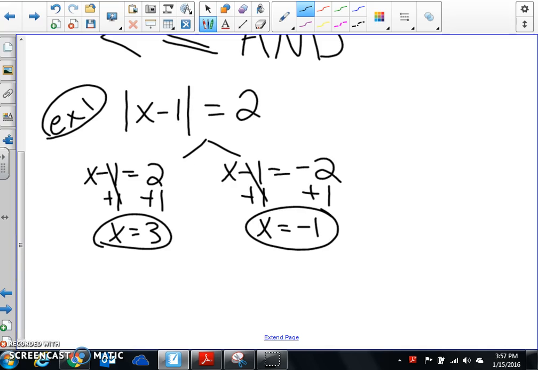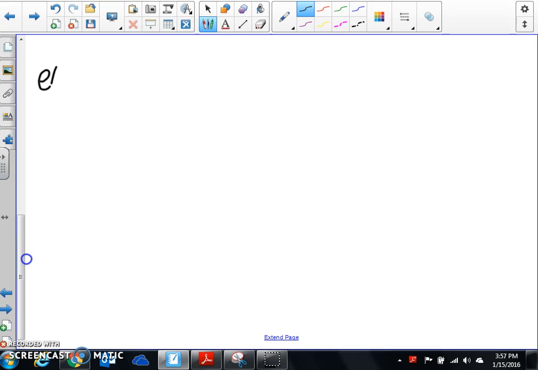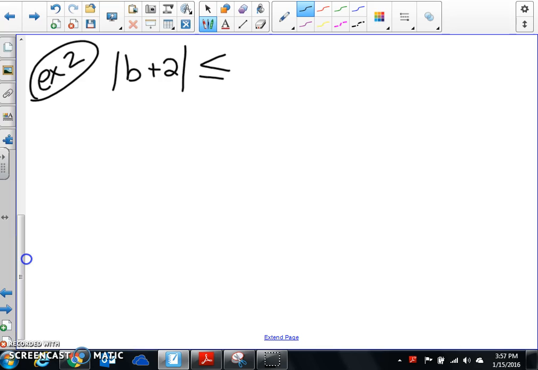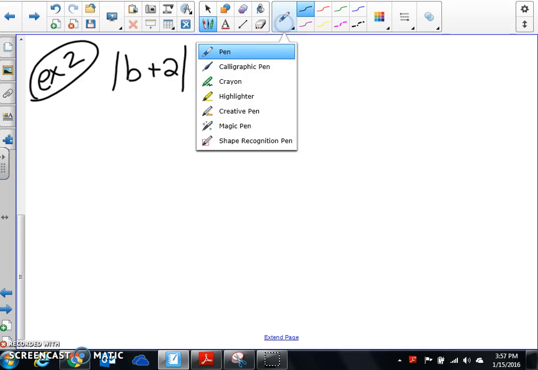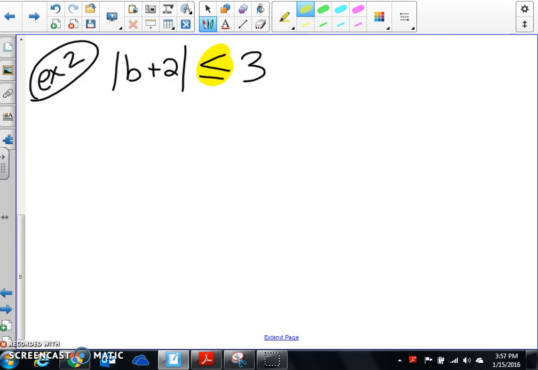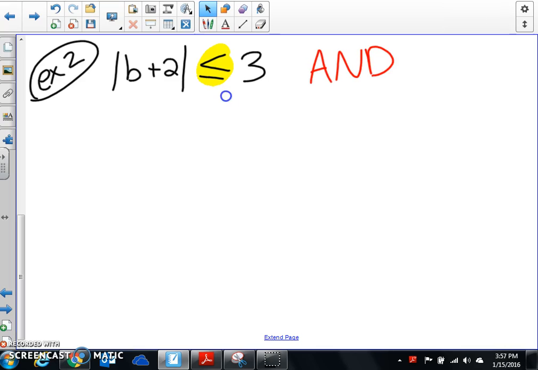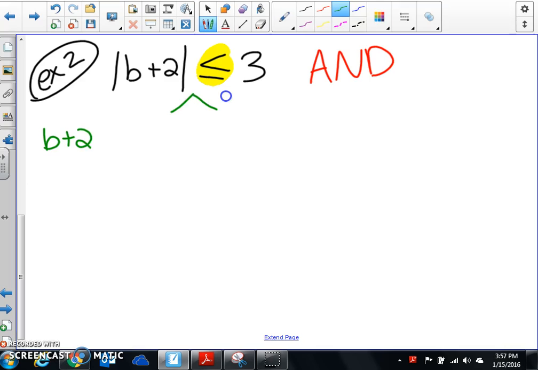So that was equations. Now we're going to throw in inequalities, and this is what they look like. The absolute value of b plus 2 is less than or equal to 3. Remember, I see this less than, so it's an and inequality. I've got to break it up. So I make this b plus 2 is less than or equal to 3.